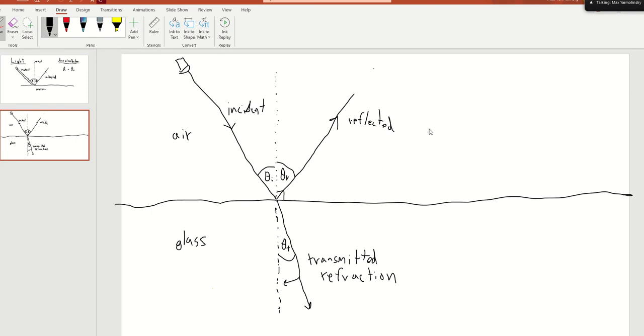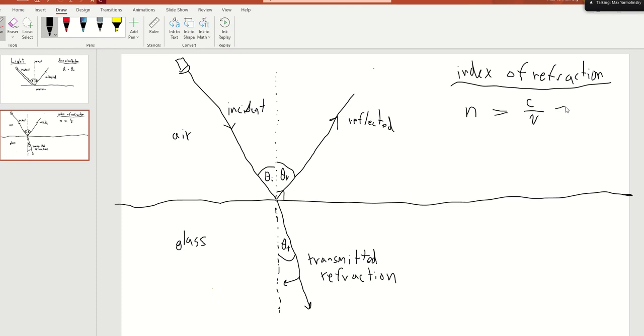And the way that this is understood is in terms of something called the index of refraction, N. The index of refraction is equal to the speed of light in air divided by the speed of light in whatever medium, for example, glass.